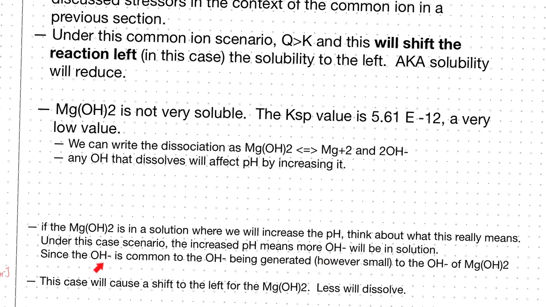That hydroxide presents a scenario where it's common to the dissociation. So notice up here in this section, let's circle it. In the reaction, you're going to generate hydroxide. And if you increase the pH of the solution, because you're introducing more hydroxide yourself, maybe you're adding hydroxide from another solute that is able to dissolve, it doesn't matter how you add it. What is going on here is that you're getting an influx of OH.